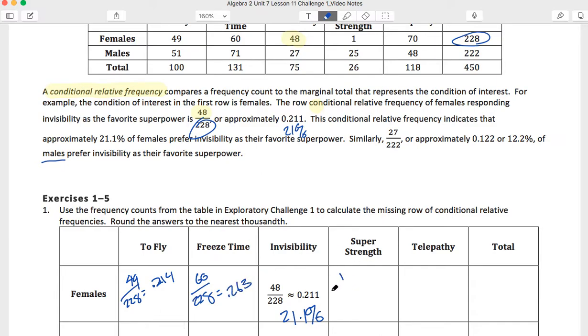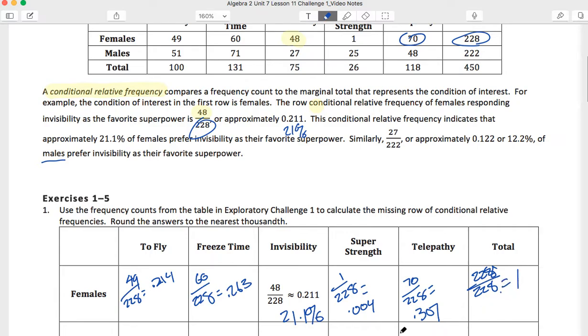Super strength, 1 over 228, which is going to equal 0.004. 70 over 228 is going to equal 0.307. I'm getting these numbers, like 70, from this box, and 228 is the total number of females. So of course 228 divided by 228 is equal to 1.